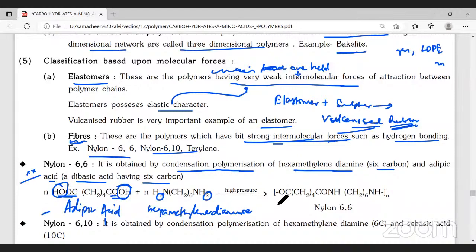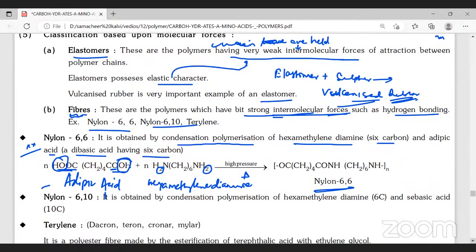You should show this bond because otherwise the valency is not satisfied, so it's unstable. We have CO, CH2 4 times, CONH, CH2 6 times, NH, and this is called nylon 66. So adipic acid and hexamethylene diamine, when heated at high pressure, give nylon 66. Nylon 66 is an example for fibers.